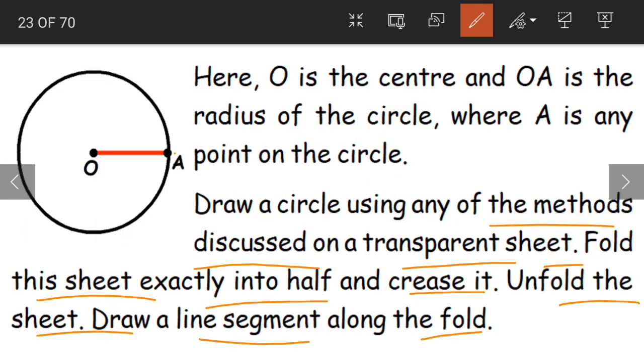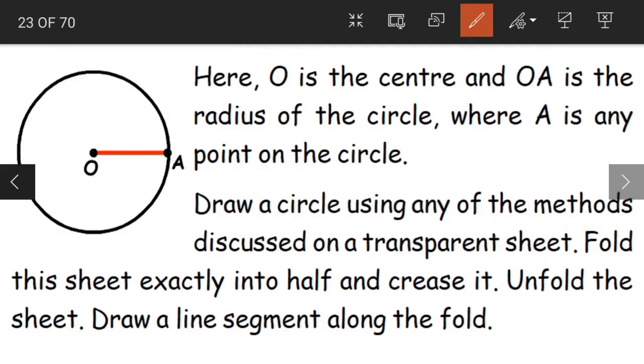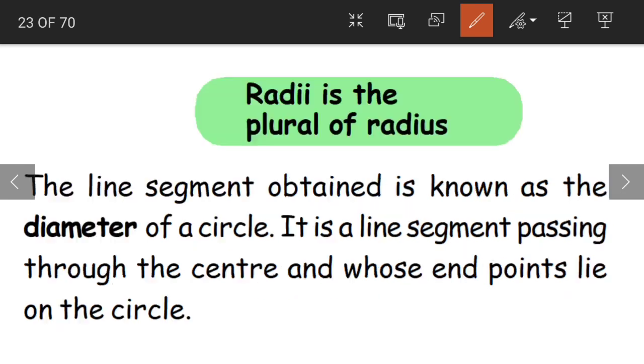After drawing a perfect circle using any of the methods we have discussed, to get the center you can fold it in half, then unfold and draw a line segment along the fold. When I fold, obviously a line forms. Yes or no, children? We can see the folding mark on the paper. So you draw a line segment along the fold.